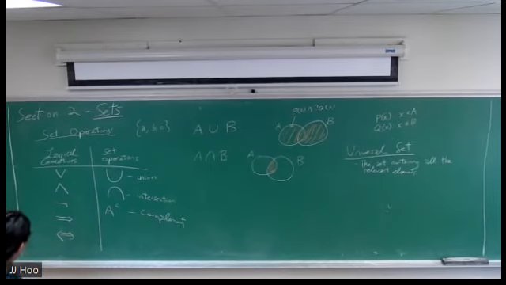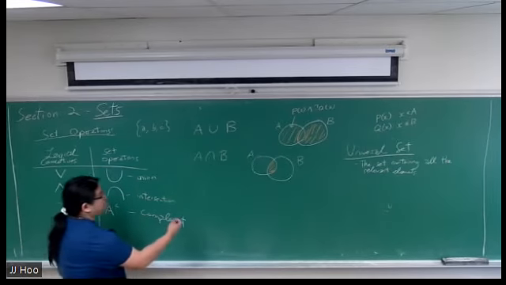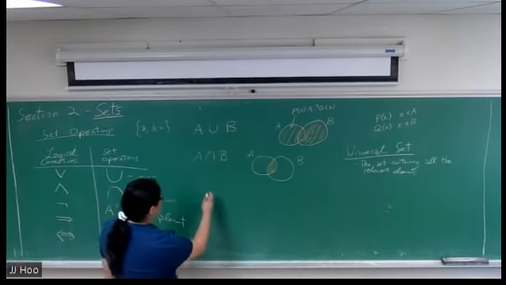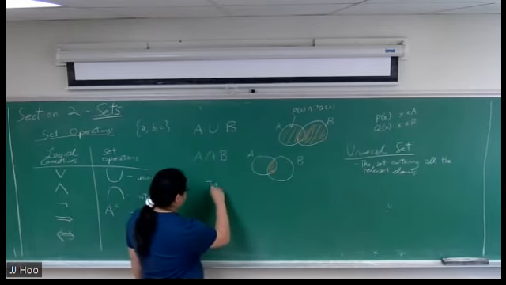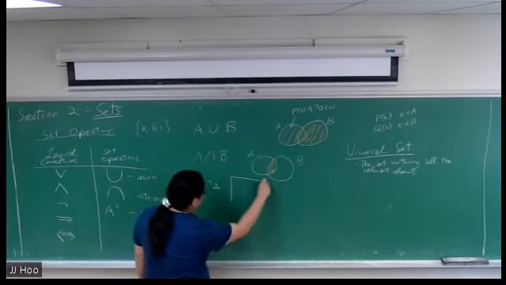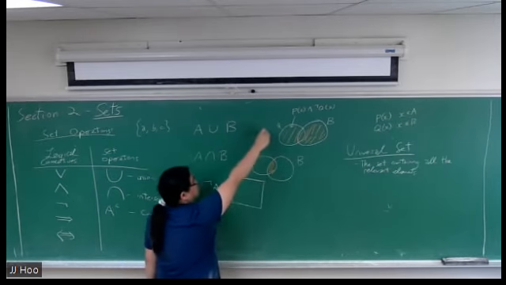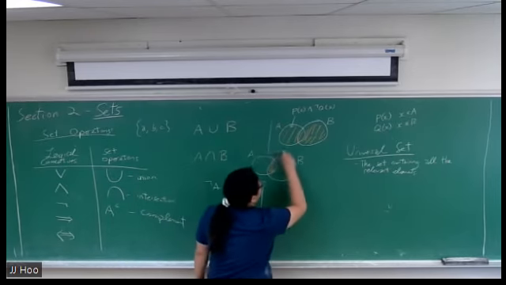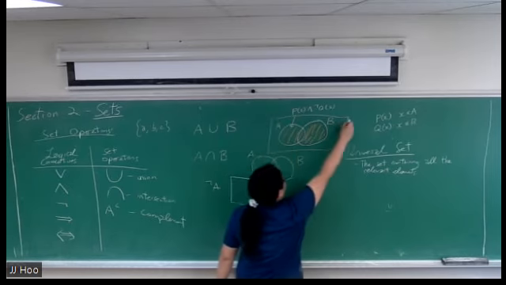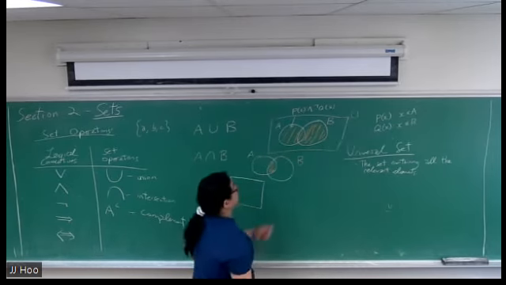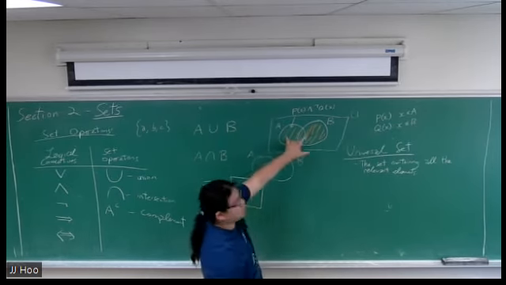Okay, now implication, right? Actually, yeah, let's draw this. So I'll draw this box to indicate the universal set, right? For each of these guys, you can imagine there's a box around it. For example, here, this is a universal set. So everything is not in here, it's just everything that's in the box, just not in those two.